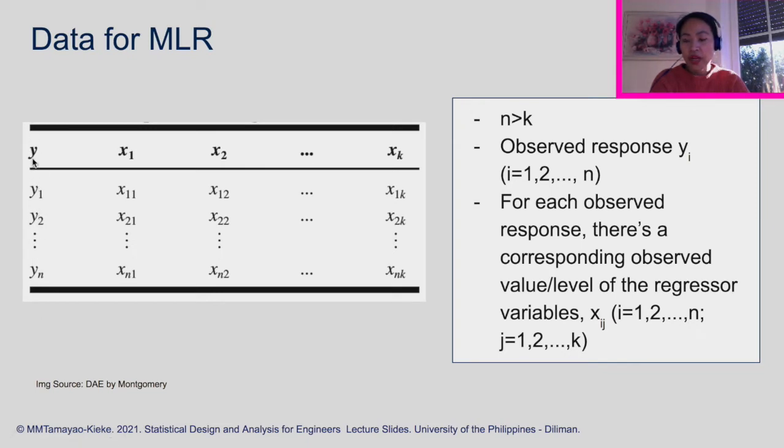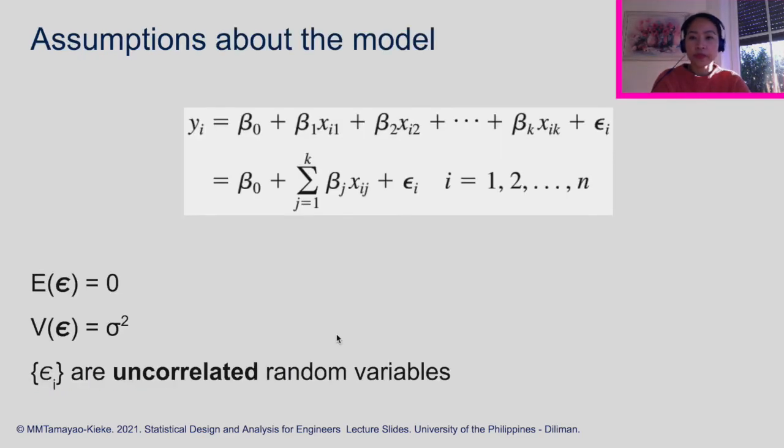For each instance of observed response for your dependent variable, you would also have a corresponding observed value or level of the regressor variables, here x1 to x sub k. That would be your data for multiple regression.